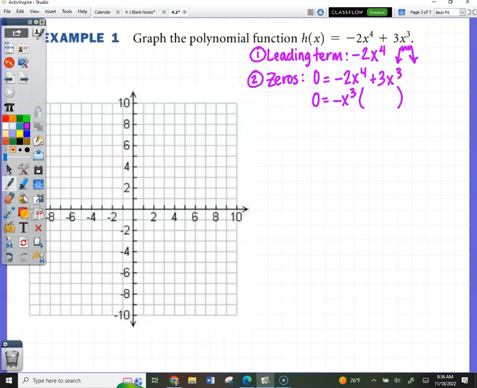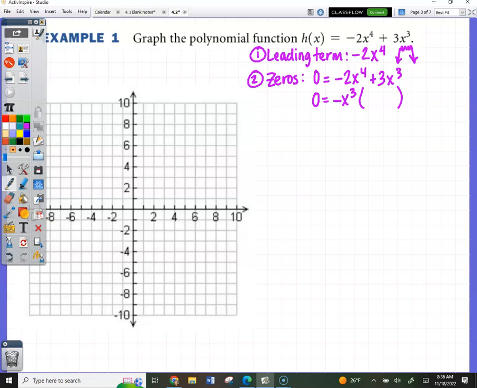Alright, so if I divide a negative x cubed out of this, ask yourself, if you struggle with going in the direction of dividing polynomials, then rephrase the question. What does this need to multiply by to give me that? Because a lot of people tend to be able to do that really quick.